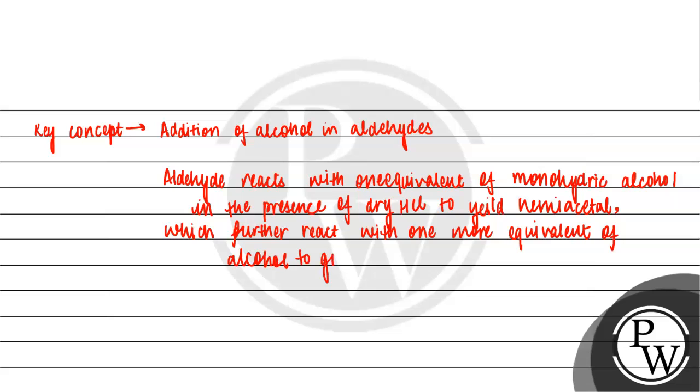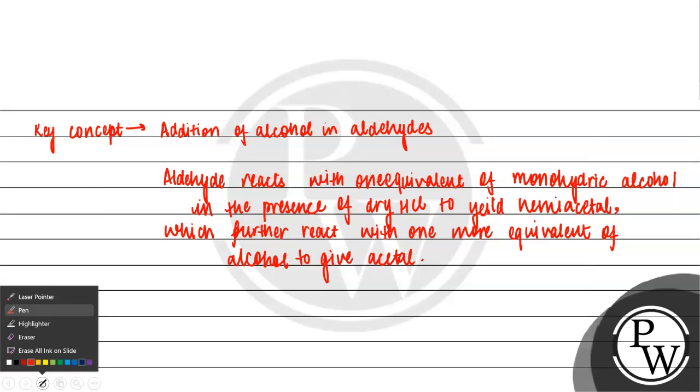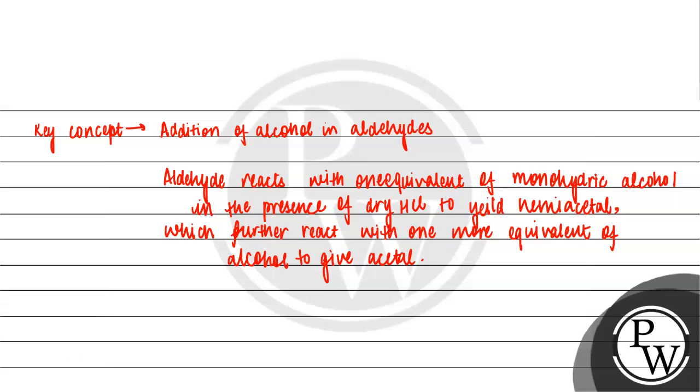To give acetal. हम यहाँ पे कीटोन की बात नहीं कर रहे हैं because ketone has not been given to us in the question. Only our aldehyde is given to us in the question.